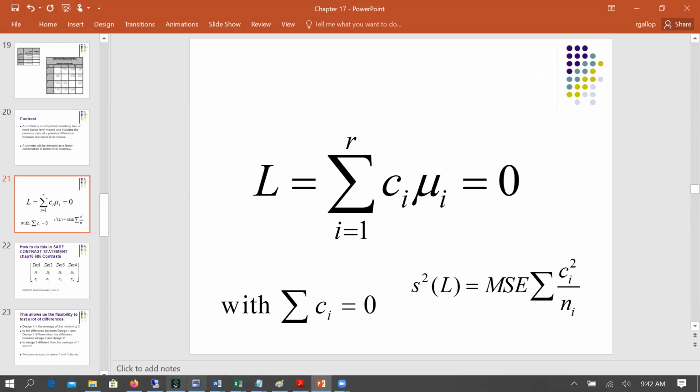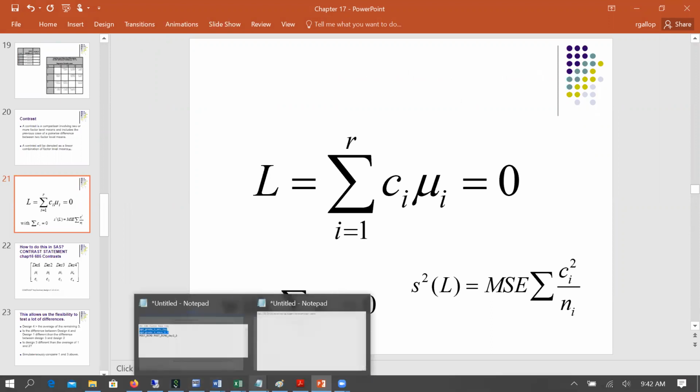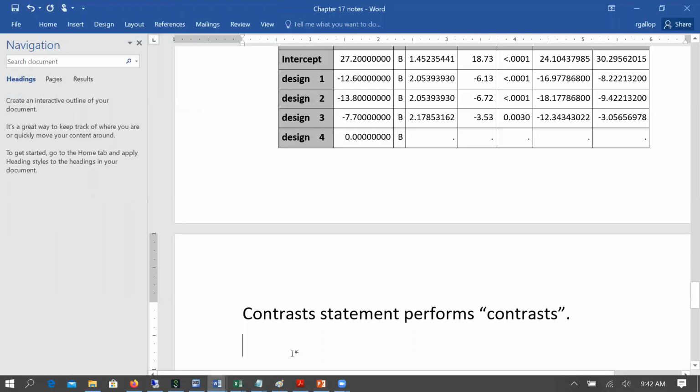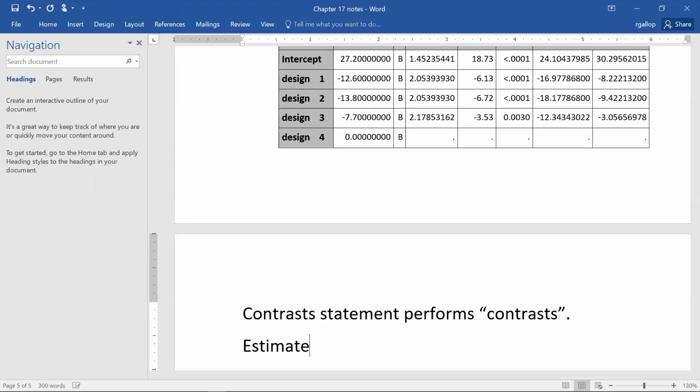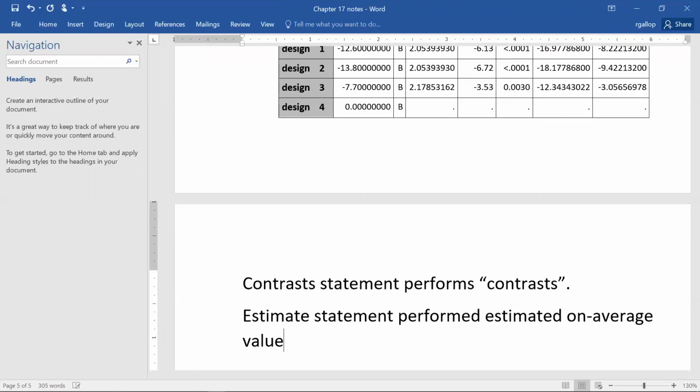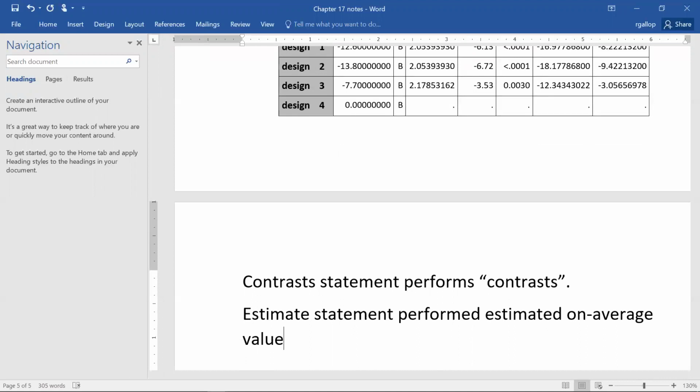What we want to do next is what we call an estimate statement. It forms estimated on average values as a function of the regression coefficients.